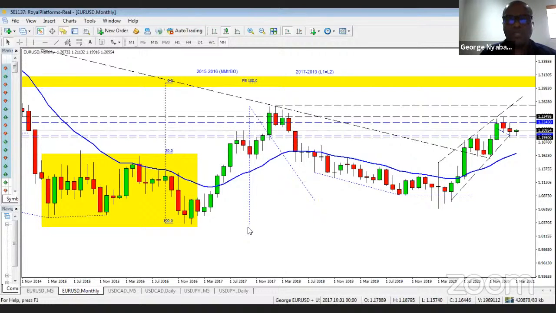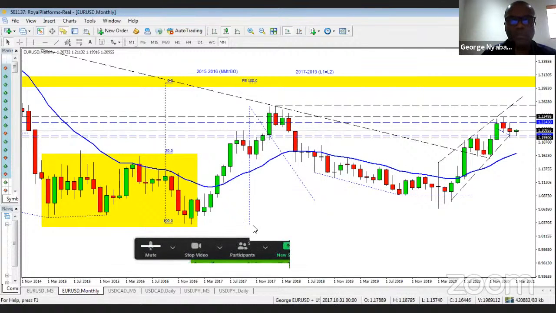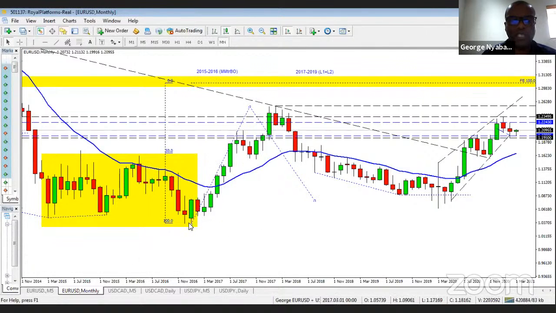You can also put an extension of leg one pullback and leg two. So that's another type of measured move. But today I'm not going to be talking about that. I'm going to be talking about just this equidistance. But just for our information's sake, that whole move, so we could do this just to see it clearly.